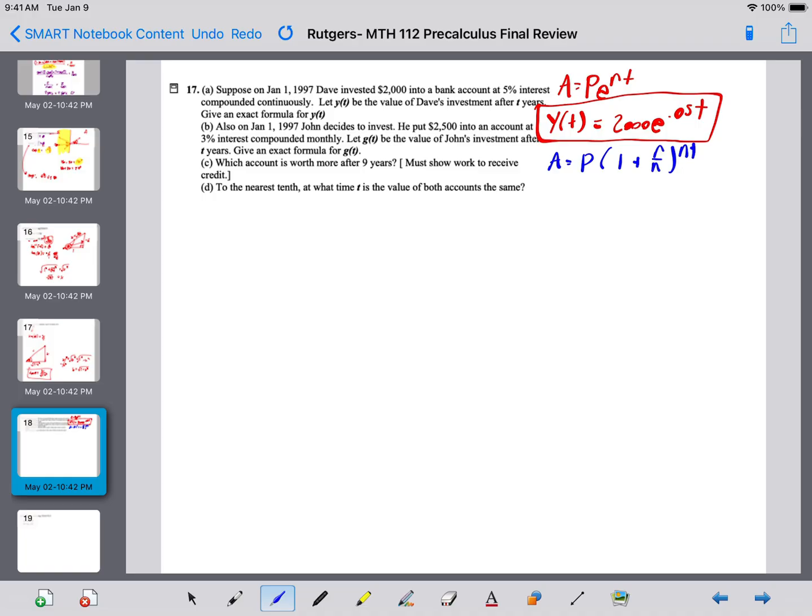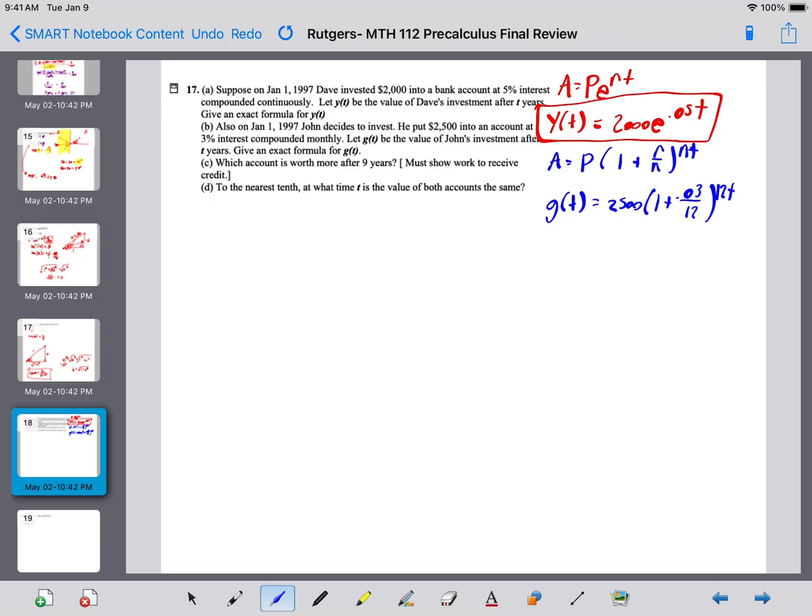That's your compound interest formula, not your continuous compound interest formula. So we have g of t equals your initial amount 2,500 times 1 plus your rate 0.03 over compounded monthly, 12, to the 12t.